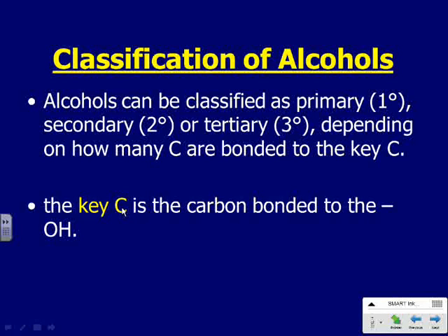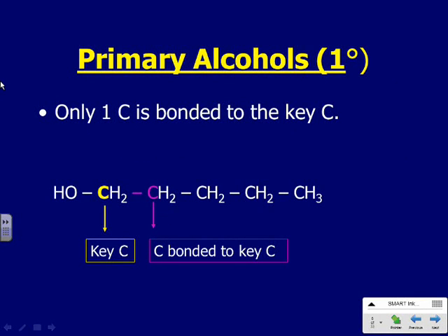And this is going to become important in the near future when we talk about different chemical reactions that alcohols can undergo. And so the chemical behavior of the alcohol depends on where the OH is in the carbon chain. All right, and that's what we want to talk about right now.